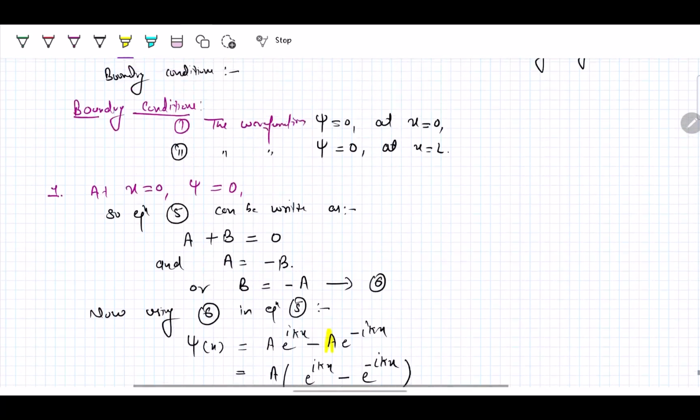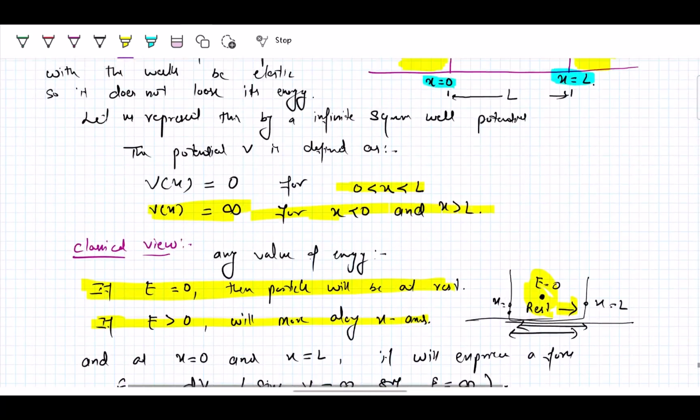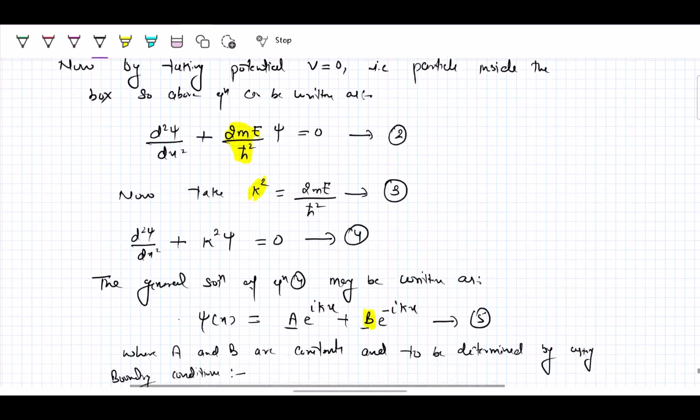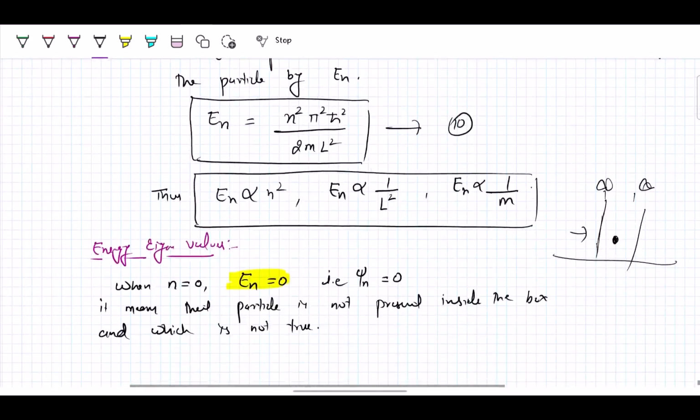Let's relate this with the classical result. According to classical mechanics, if the energy of any system is equal to 0, then the particle will be at rest and inside the box. So this is a contradiction between the classical result and the quantum result.